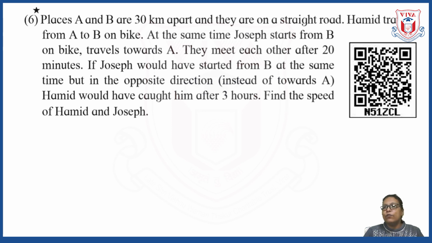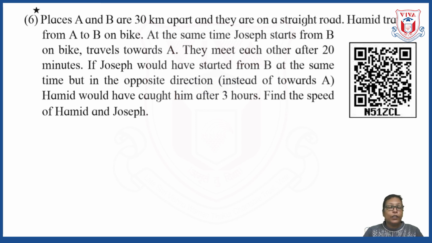If Joseph would have started from B at the same time but in the opposite direction instead of towards A, Hamid would have caught him after 3 hours. Find the speed of Hamid and Joseph.